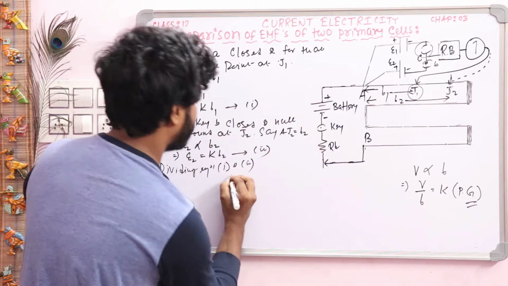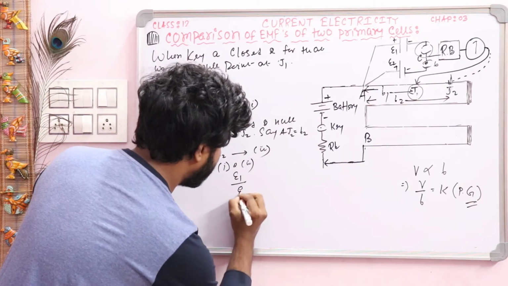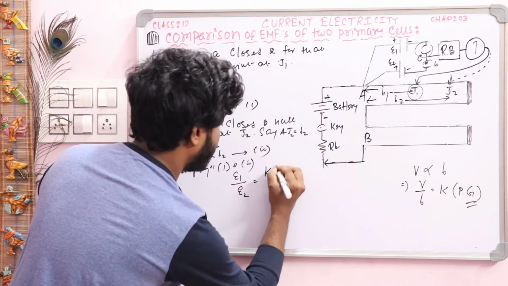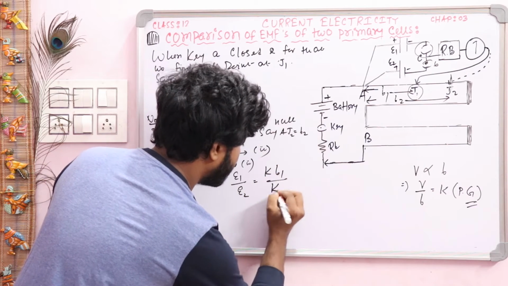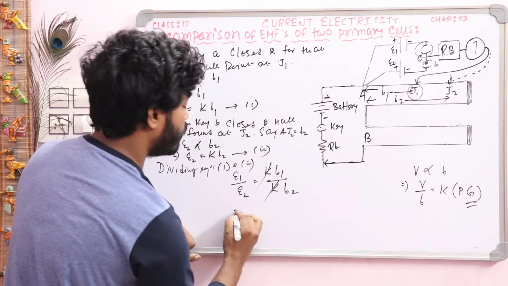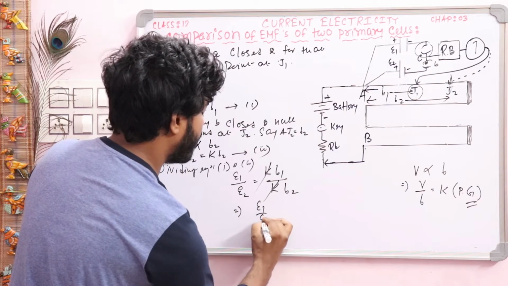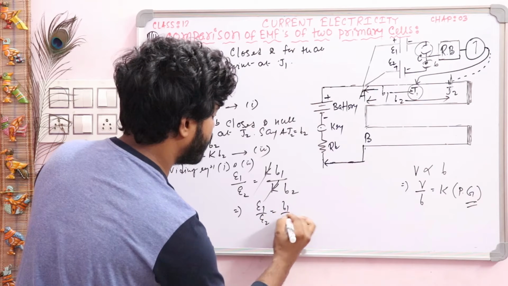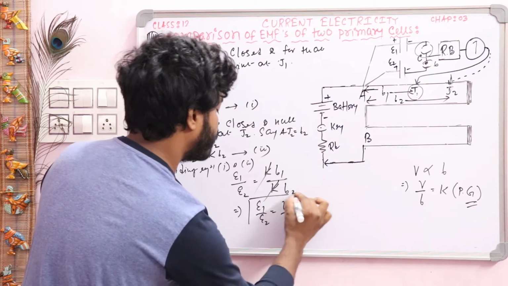We can write E1 by E2 equals KL1 by KL2. Here K cancels out, so E1 by E2 is exactly equal to L1 by L2.